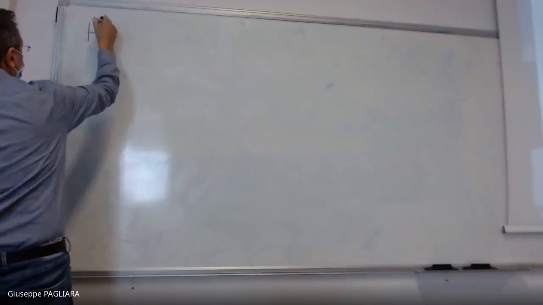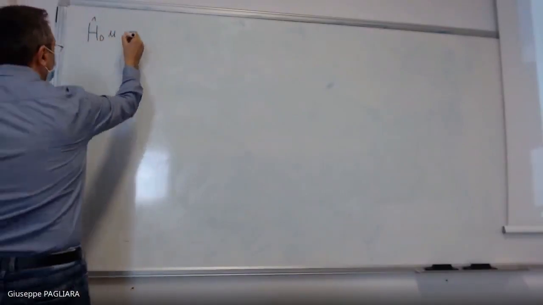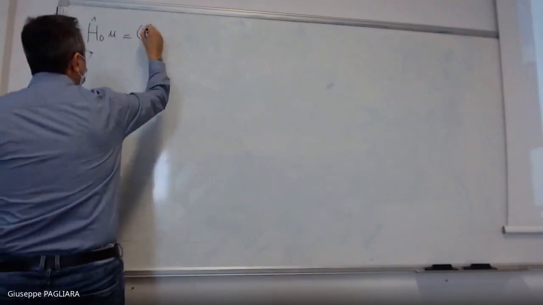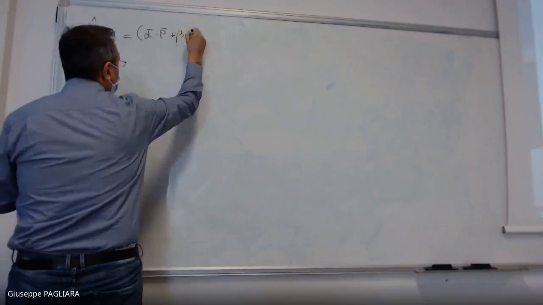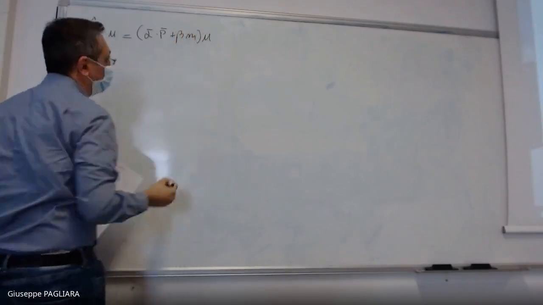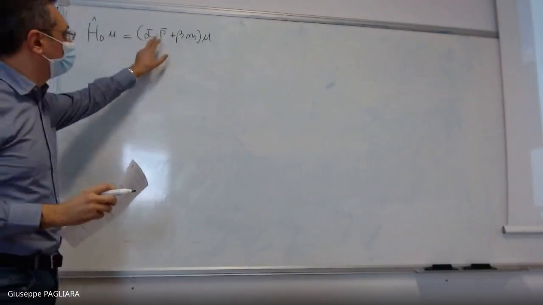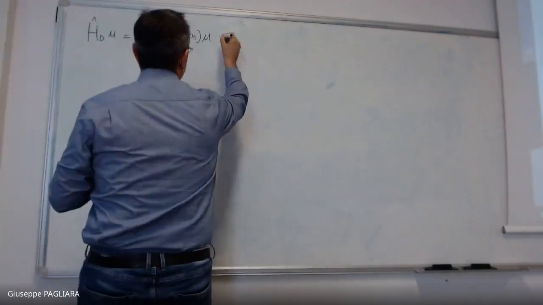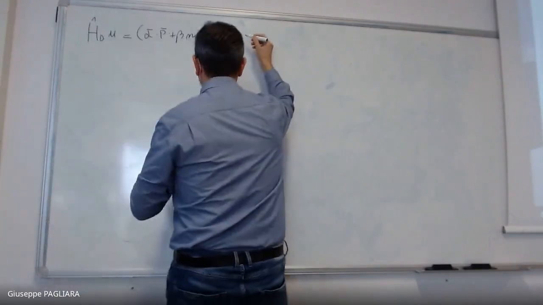So, the Dirac operator acting upon our eigenstate is expressed as alpha scalar p plus beta m acting on U. Okay, and now we make explicit alpha.